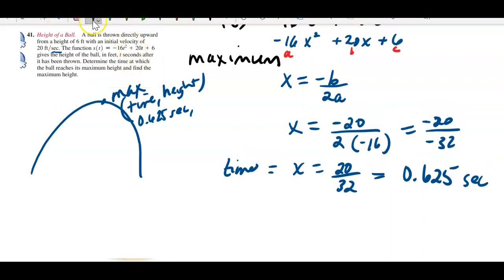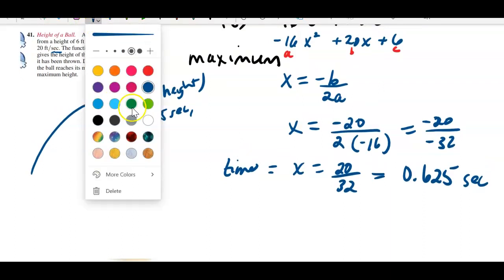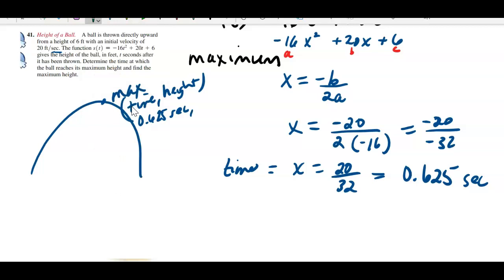Okay, so I'm going to write it down here in a different color. So we're going to substitute in t or x, depending on which way you're thinking about it, 0.625 seconds, and we're just going to substitute it in.